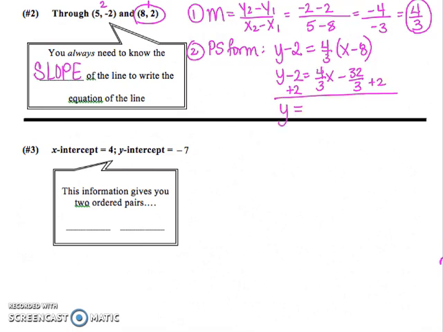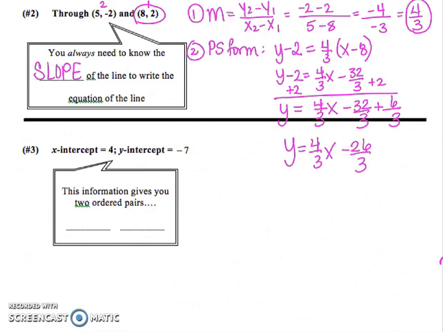So I get y equals 4/3 x. Now if I want to combine these together, this is a negative 32/3. If I want to add 2 to it, remember 2 would be 6/3. So negative 32 plus 6 is going to be negative 26/3.